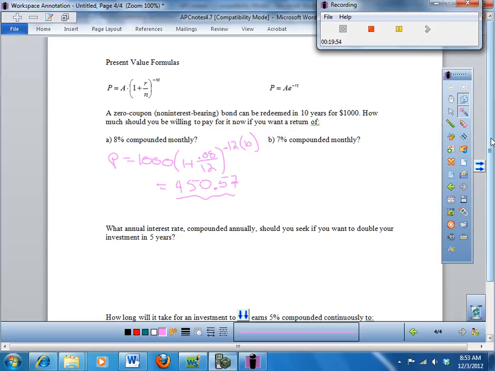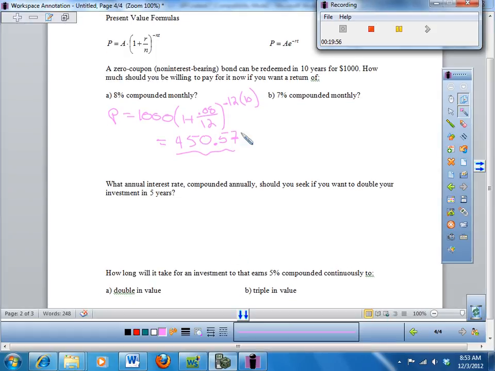Wait, where it says P equals A, how is that any different than A equals P? Because in this case, you are figuring out how much you pay.